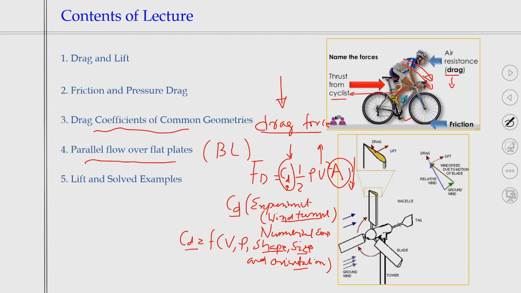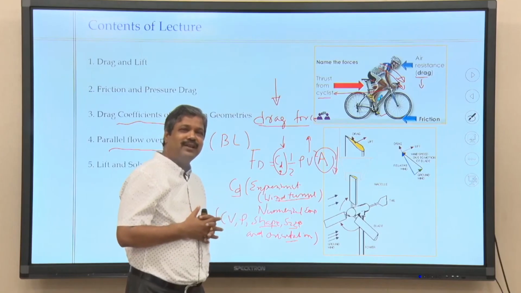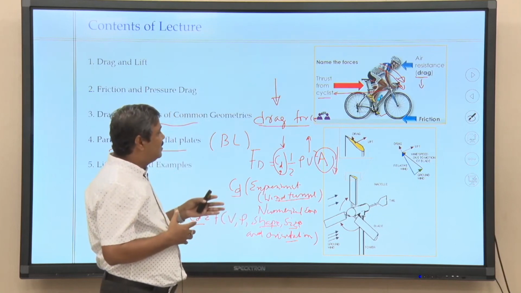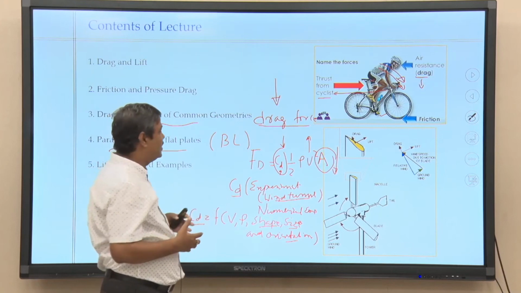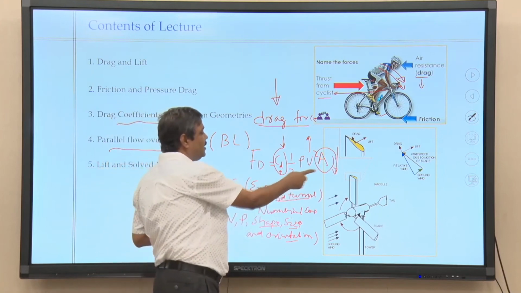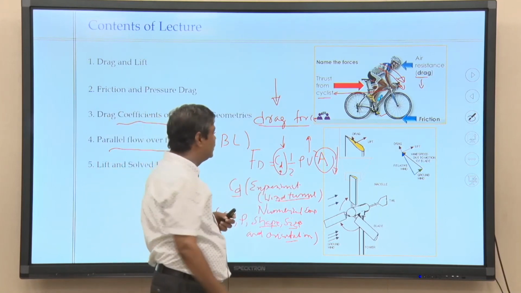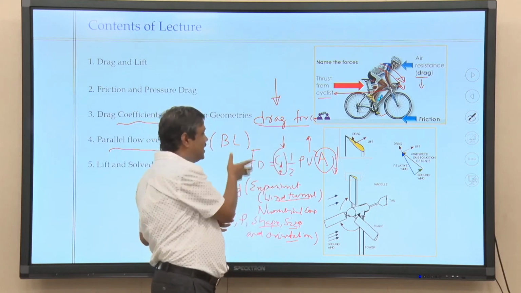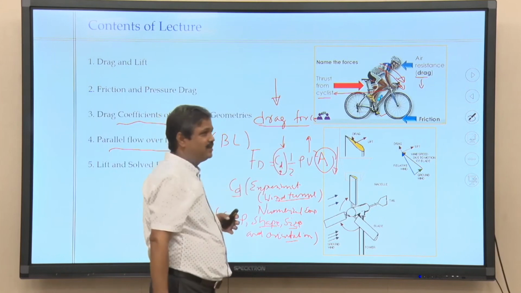If you look at any cyclist who is participating in national or international games, he does his level best to reduce the frontal area and reduce this drag coefficient, so that with the same force he can increase the velocity.